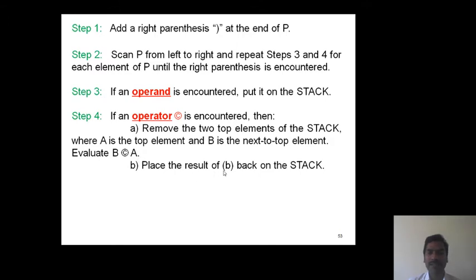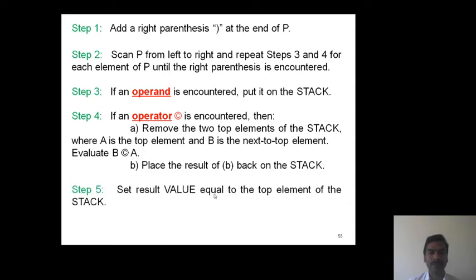Now place the result value back into the stack. Now step 5: whenever the right parenthesis is encountered, terminate from step 4 and set the result value as the topmost element of the stack. Now exit.